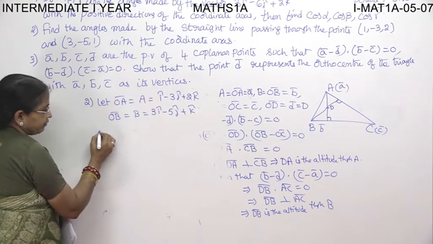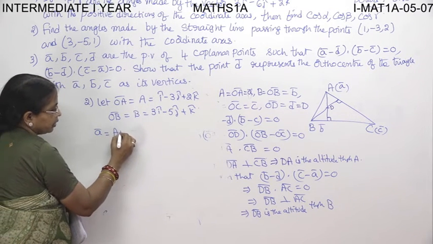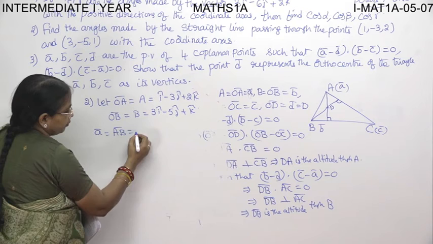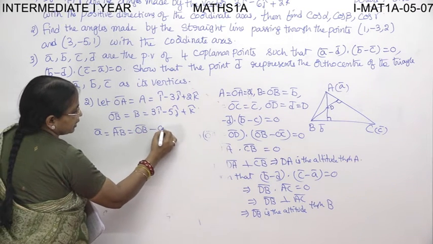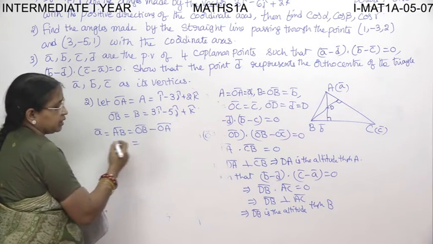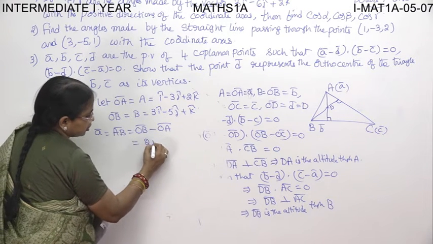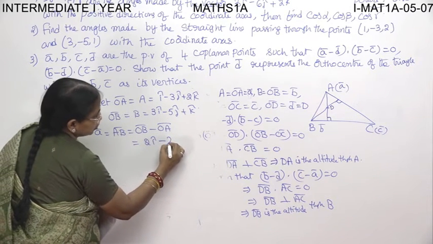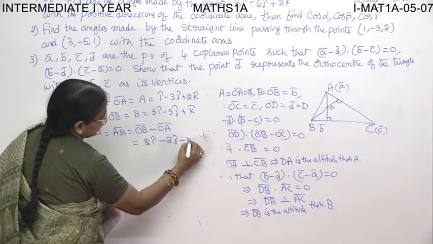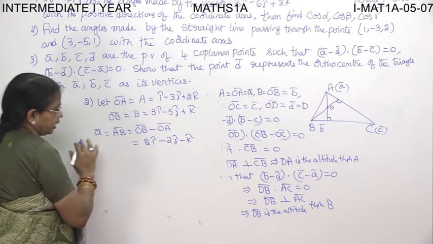So you find the vector AB equal to OB minus OA. You have learnt all this in the addition of vectors chapter. So OB minus OA is 2i minus 2j minus k. So this is your vector A.